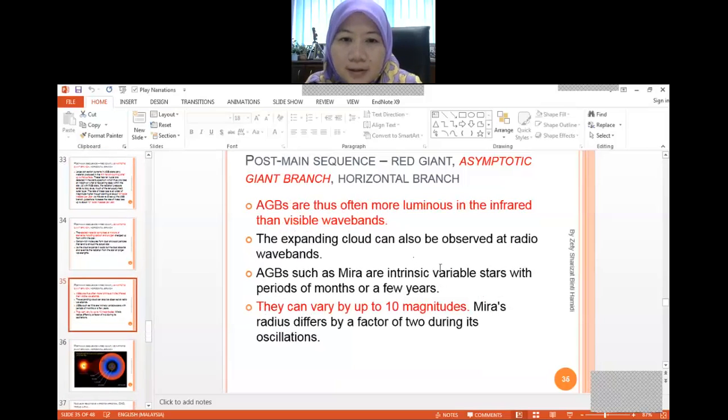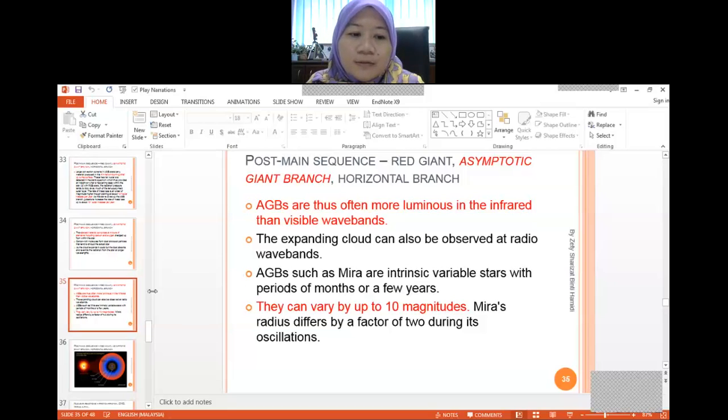And this AGB is of course more luminous, about 10,000 solar luminosities, and it can be observed in infrared compared to the visible waveband, and it can vary up to 10 magnitudes. So we can see the light curve for this kind of AGB.